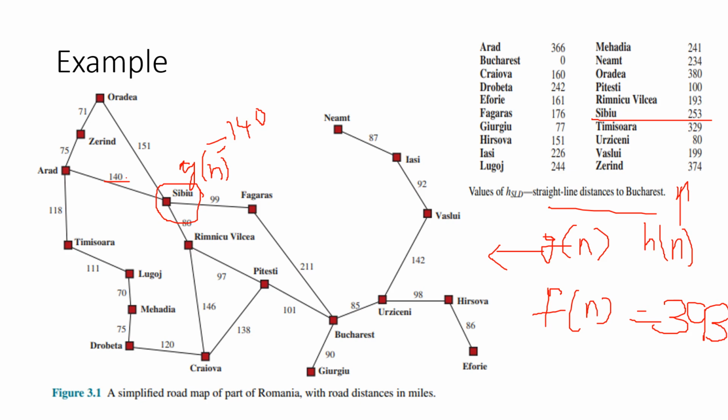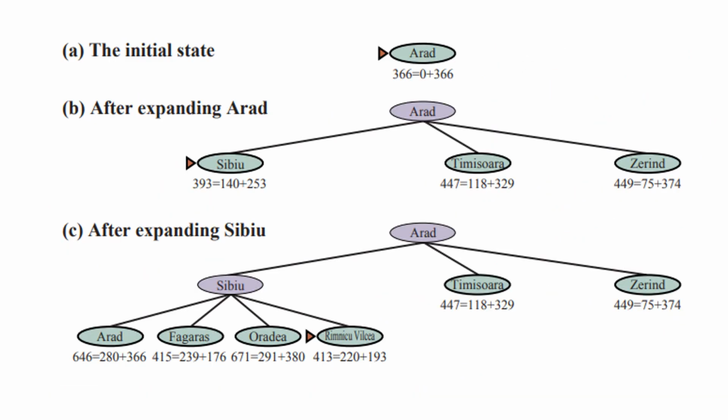Here we have to do a similar operation for Timisoara and Zerind. From Arad there are three neighbors: Sibiu, Timisoara and Zerind. We have calculated f of n for Sibiu, that is its g of n plus h of n.